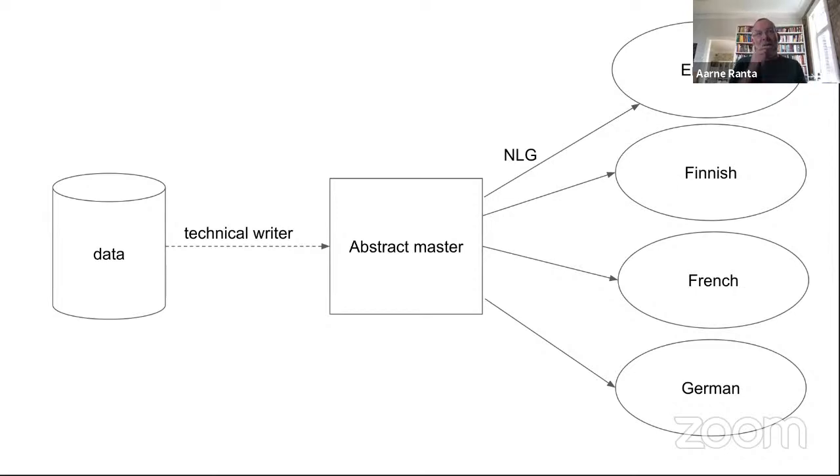But of course, we want to do this as easy as possible so that actually the author could be anyone with skills of a Wikipedia author, more or less, without programming skills.